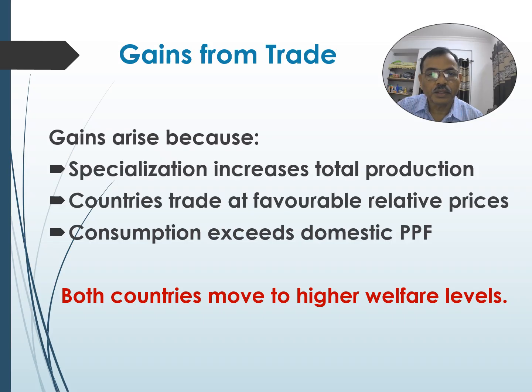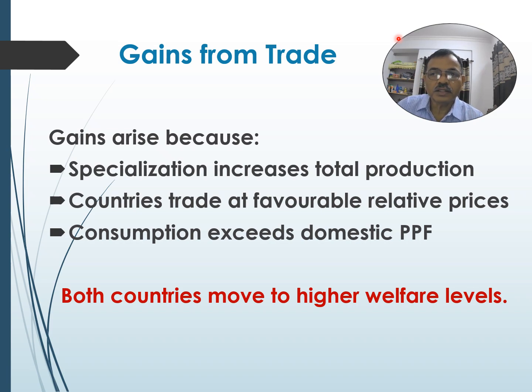Each country trades at a price better than its domestic opportunity cost. As a result, both countries can consume more than under autarky. Graphically, consumption lies beyond the domestic production possibility frontier.